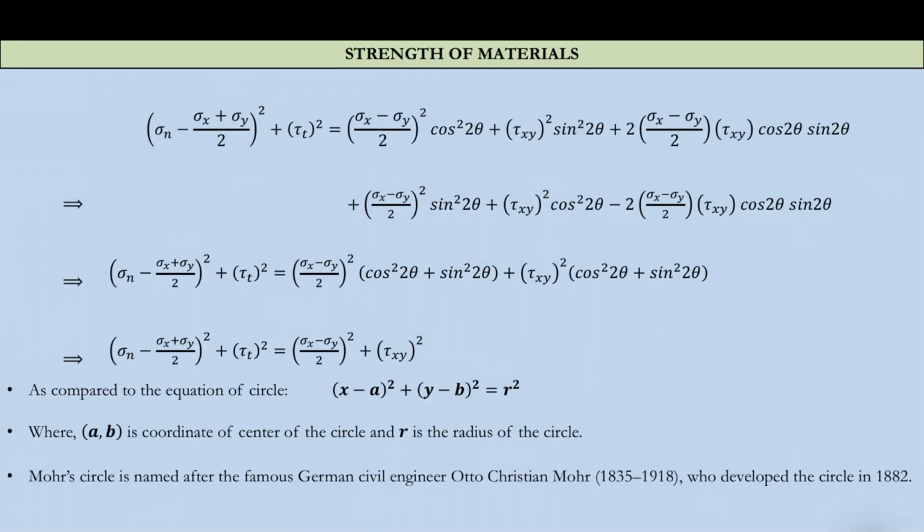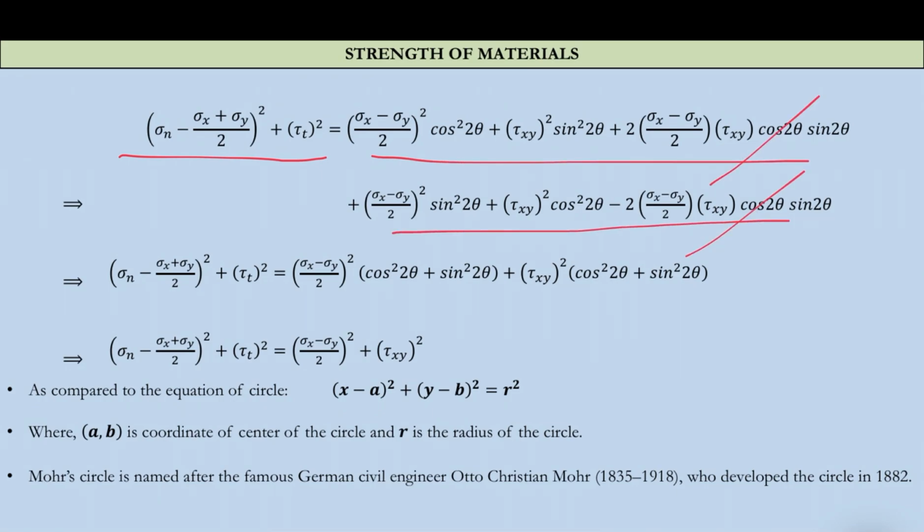This is the right hand side after we have added the terms. The cross terms cancel out, and cos square theta plus sin square theta becomes 1. We take the components of the various amplitudes of cos square theta and sin square theta, and finally we get this equation.